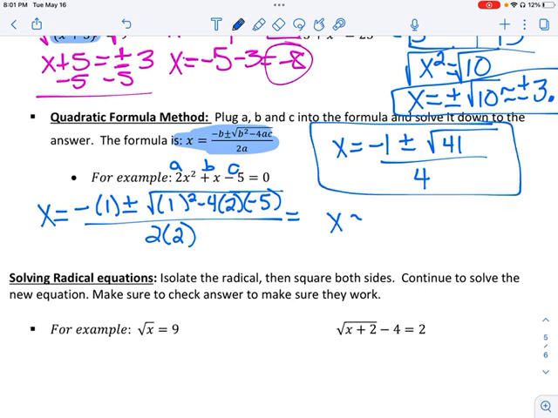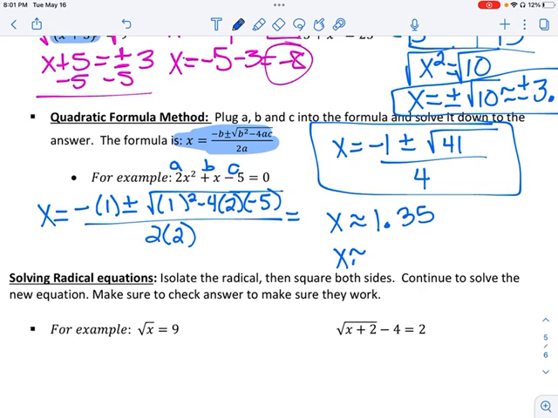If it wants it as a decimal, what you're going to do, remember, you're going to go the negative 1 plus square root of 41. And then you're going to go take that answer and divide it by 4. And you should end up with your first answer would be 1.35.